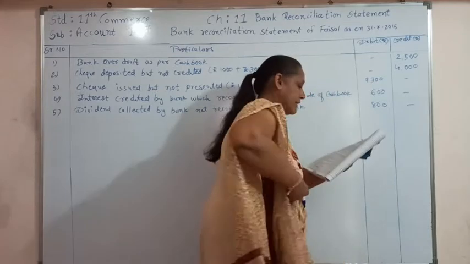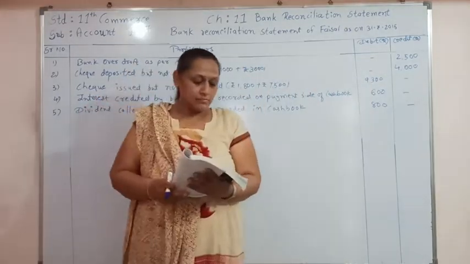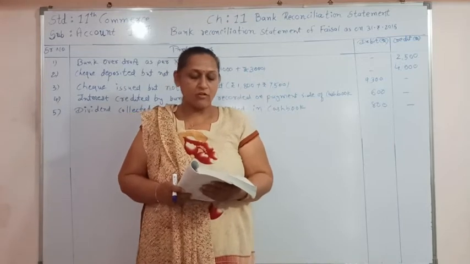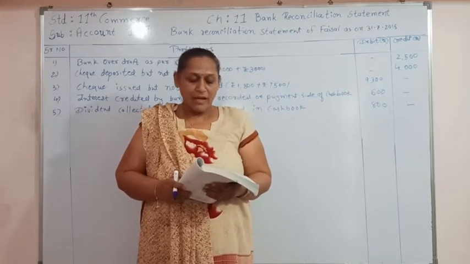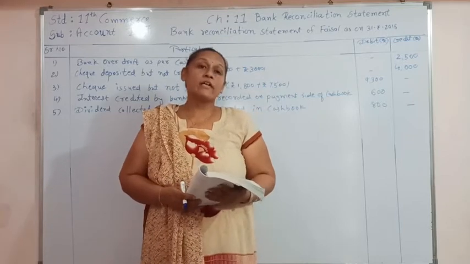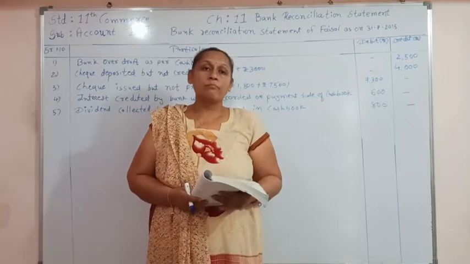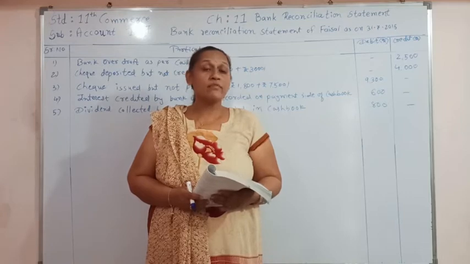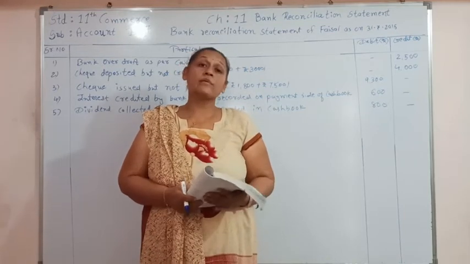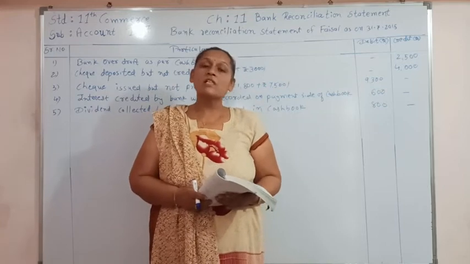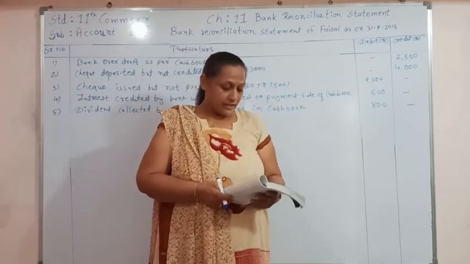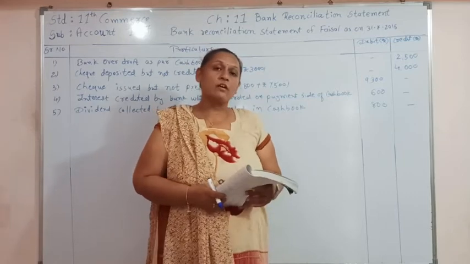Now let's see transaction number 6. Interest on overdraft rupees 100 is recorded in passbook by bank, but it is not recorded in the cash book. So for overdraft interest we have to pay, and when we are paying it's supposed to be credited in the cash book, which is not credited. So here in the bank reconciliation statement it's supposed to be credited.